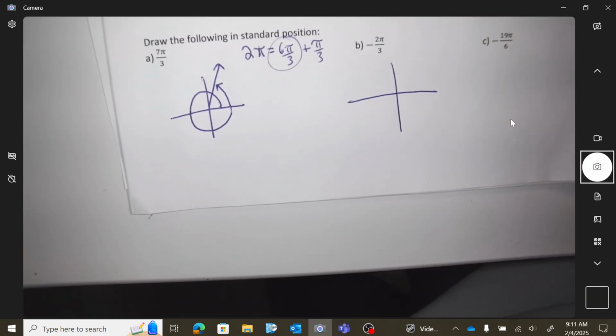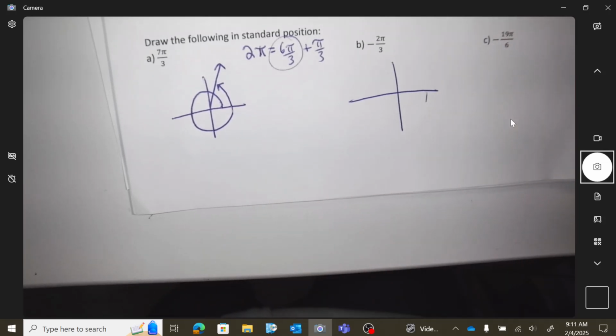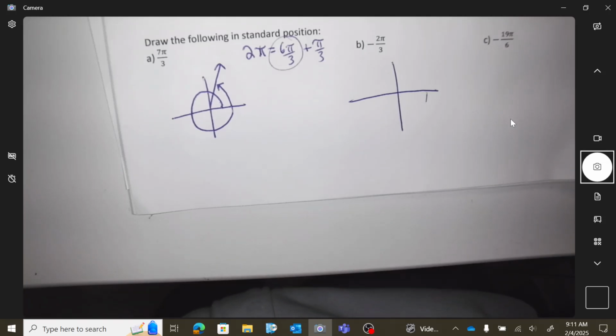Question B, negative. So as soon as we see negative, we do our rotation downward. Okay, what do I know about that value? 2/3 of a pi. Okay, it's not even a half circle. It's 2/3 of a pi.